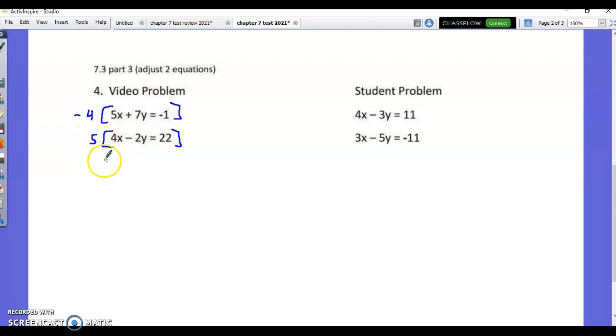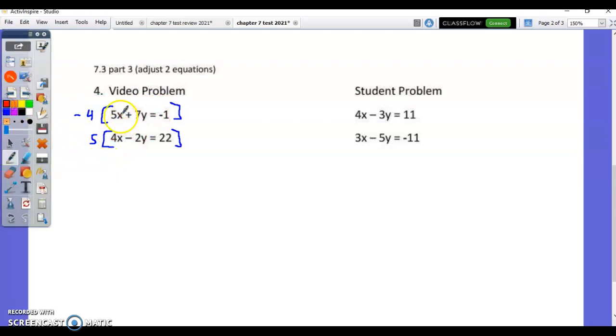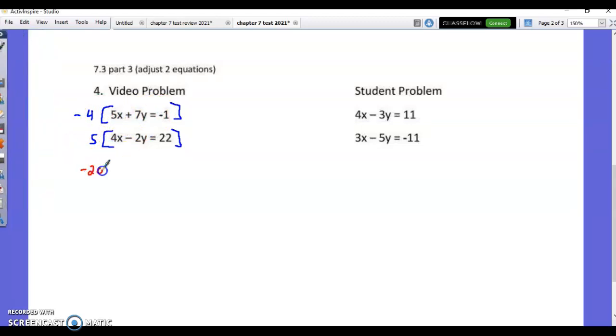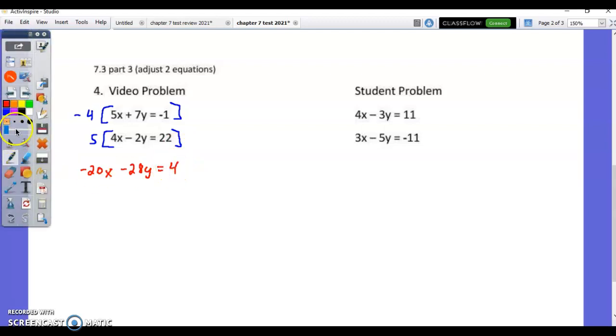Then I'm going to multiply both of these through. So this one will be negative 20x plus, or actually minus, because negative 4 times 7 is negative 28y equals negative 4 times negative 1 is positive 4.